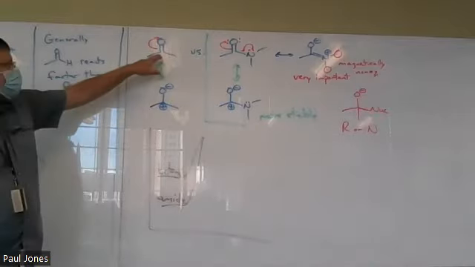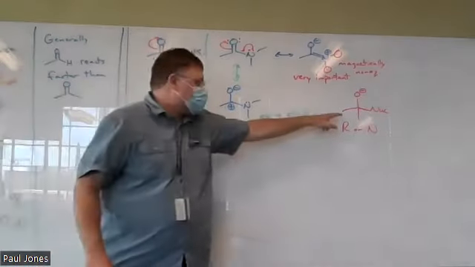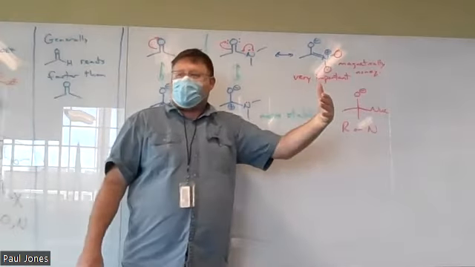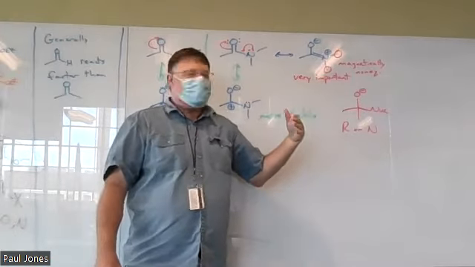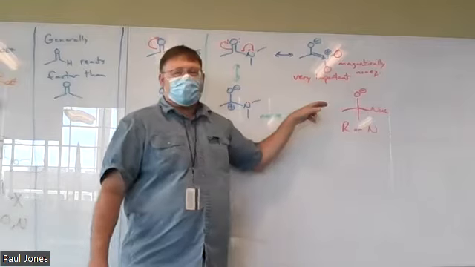When a nucleophile attacks the carbonyl carbon, we get a tetrahedral intermediate. The hybridization of that carbon changes from sp2 to sp3. And all of a sudden, there are no resonance structures to draw.